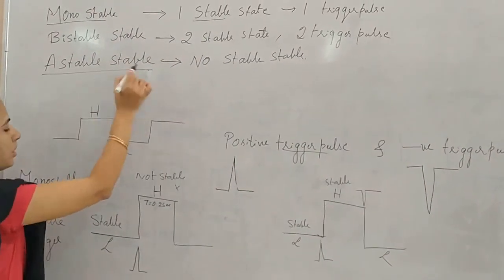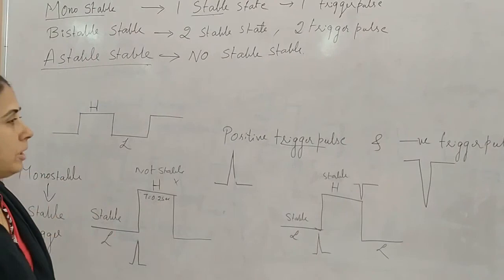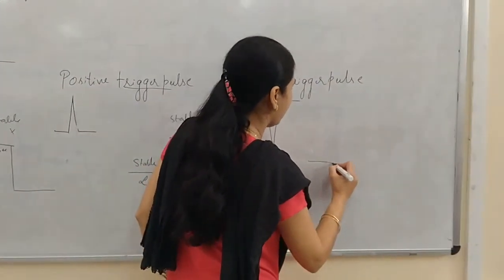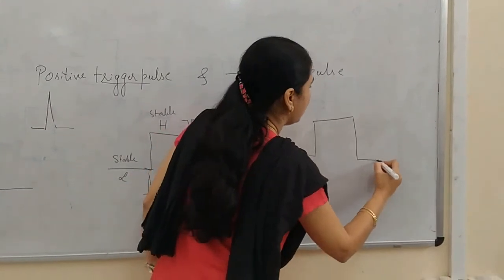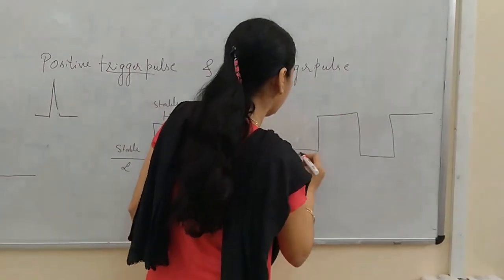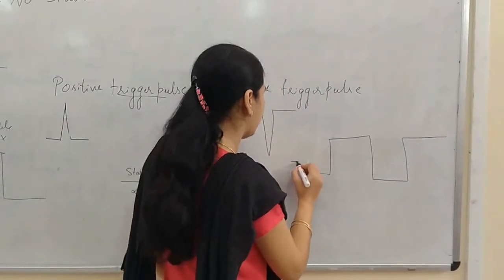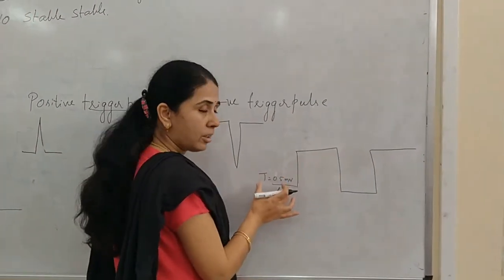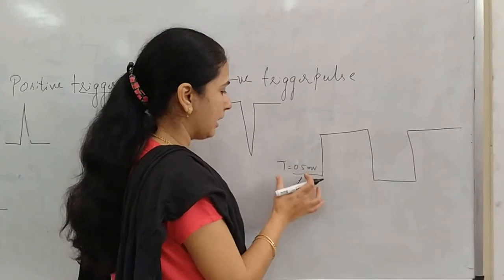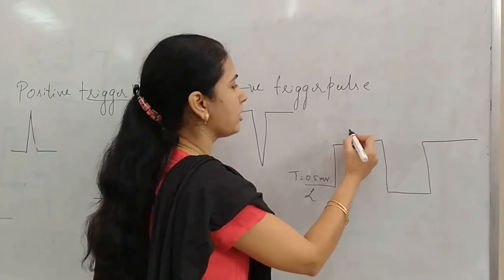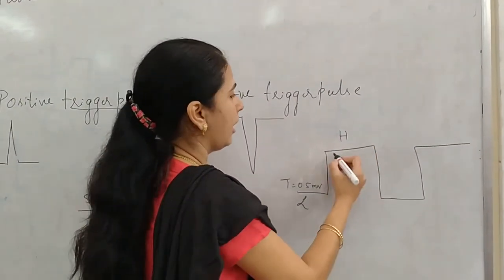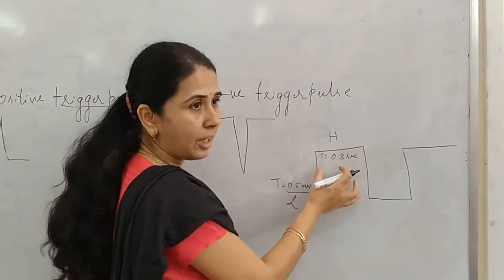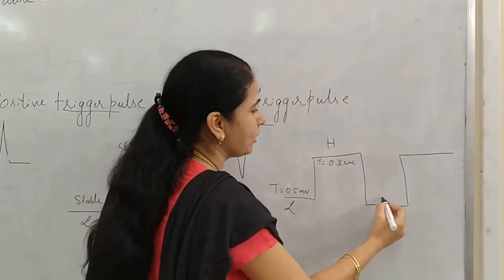What is an astable multivibrator? The astable multivibrator is what we study in our experiment. It doesn't require any trigger pulse. It will be in a low state for a certain time period, let us say 0.5 millisecond. After this 0.5 millisecond elapses, it suddenly makes a transition to the high state, and it will stay for a certain time and immediately make a transition to low.